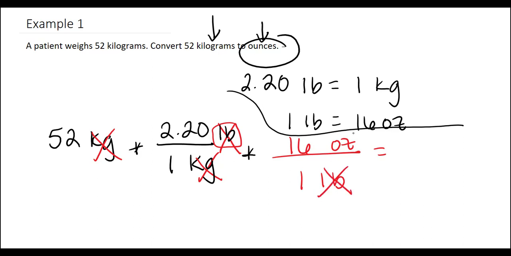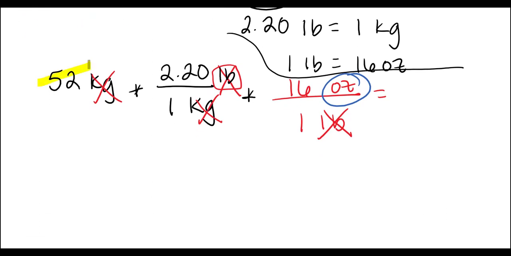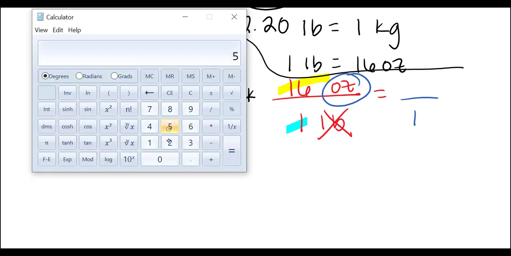So what are we left with? We're left with just ounces on the top. We multiply what's on the top: 52 times 2.20 times 16. On the bottom, we're left with just 1, and there are no units. Then on the top, we just get our calculator out: 52 times 2.20 times 16.